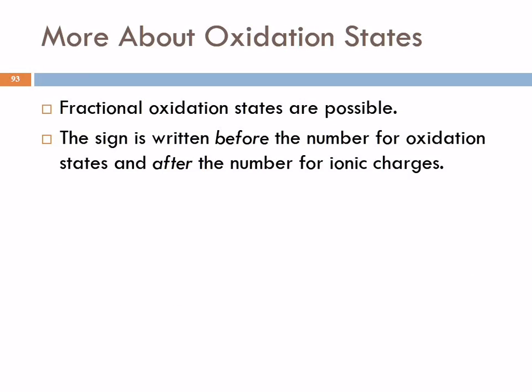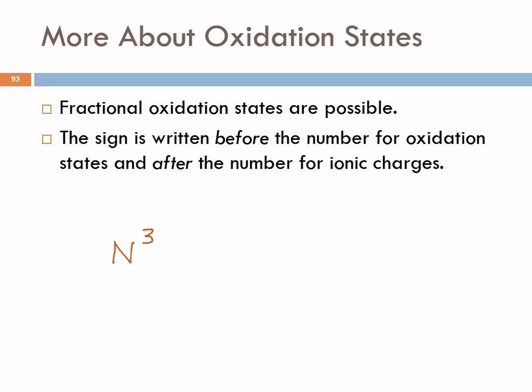So let's hold the questions for a minute, and we'll get into some examples. You can have fractional oxidation states. We write the sign before the number for oxidation states and after the number for ionic charges to help distinguish between them. So what does that mean? Well, let's look at nitrogen.